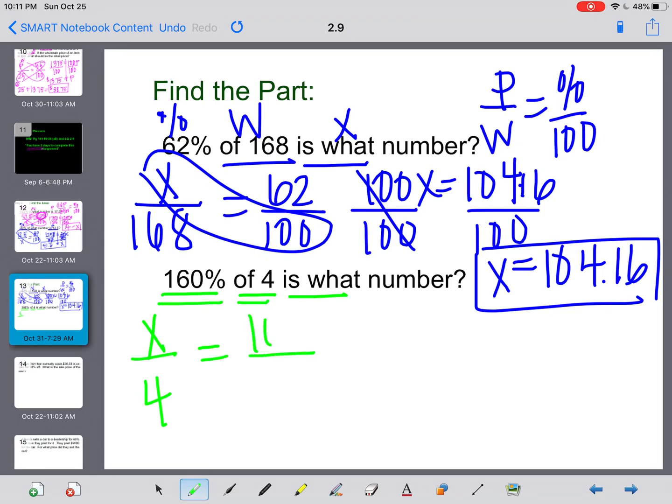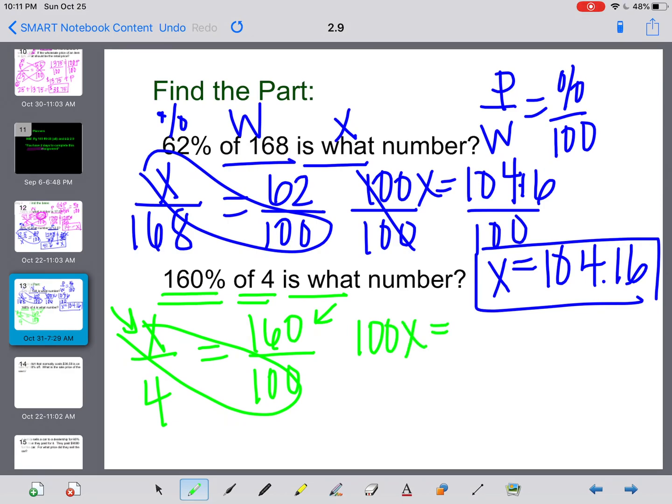160% of 4 is what? So x over 4 equals 160 over 100. This time my part is going to be bigger than my whole because 160% is bigger than 100%.